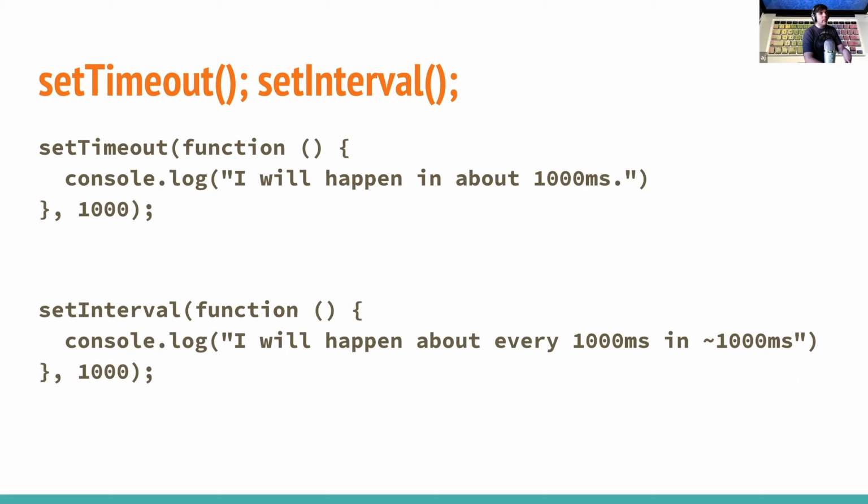So if you set a timeout for 1000 milliseconds, it may actually execute in 999 milliseconds, but it's definitely possible to execute in 1005 milliseconds. That is important to note for applications where timing is particularly important.